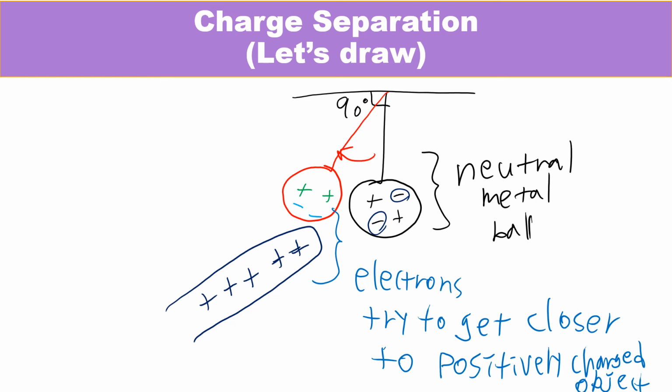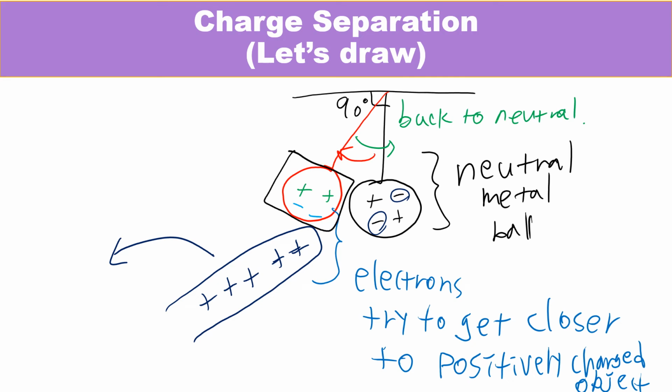If I bring this rod somewhere else, move it farther away, then this will swing back and try to go back to the neutral position. And this phenomenon that you can observe here is what I like to call charge separation, because negative and positive used to mingle with each other over here, but because of that second object, a little bit of separation of the charge occurs.